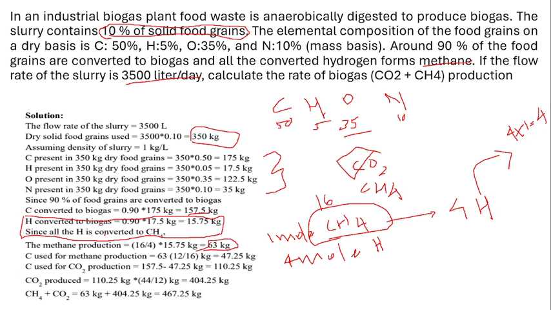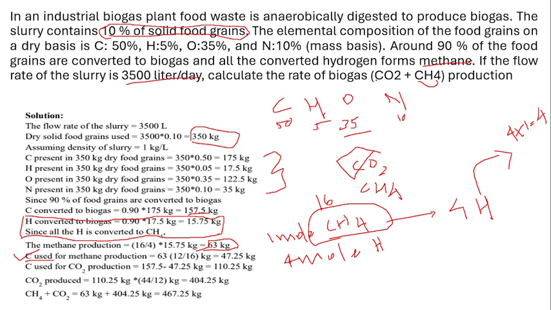Now we know the amount of hydrogen used for this methane production and the amount of methane produced from the hydrogen in the biogas. So now finally we have to calculate the amount of carbon used. If you see, the hydrogen is fully converted into methane only, but in the case of carbon it is not like that.